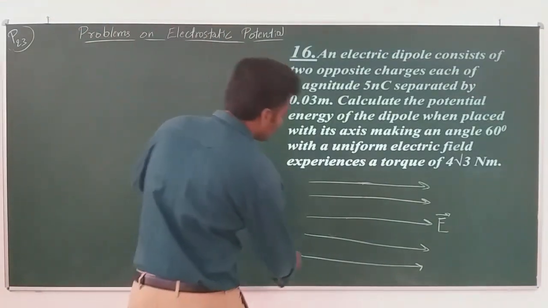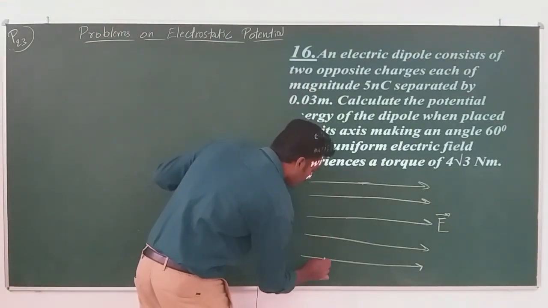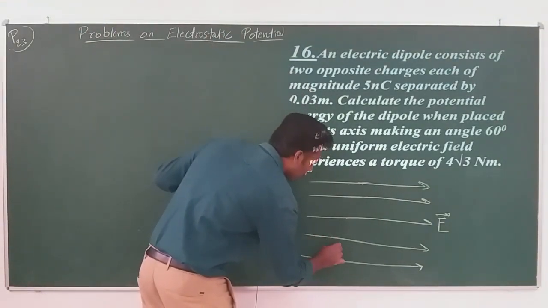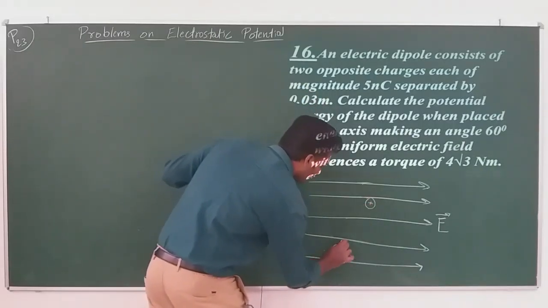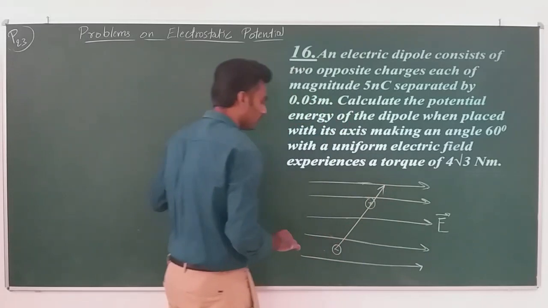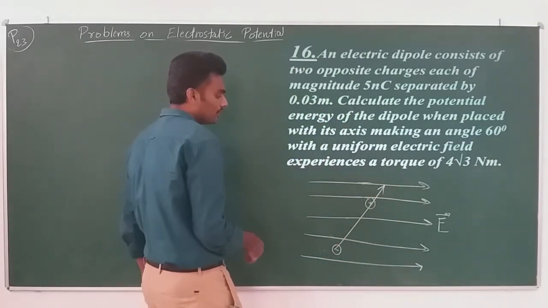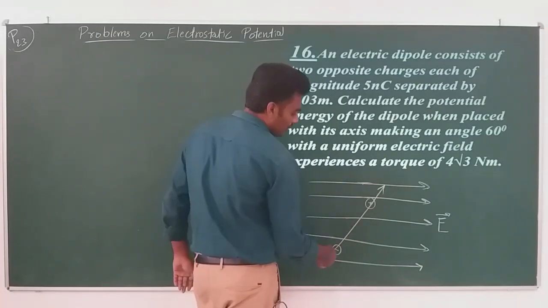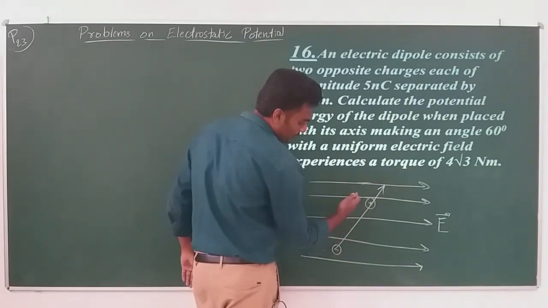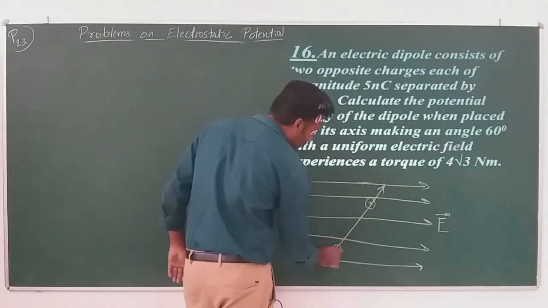Let me draw this here, a negative charge and a positive charge, and this is the axis of the dipole, which will have the same direction as the dipole moment of the electric dipole.